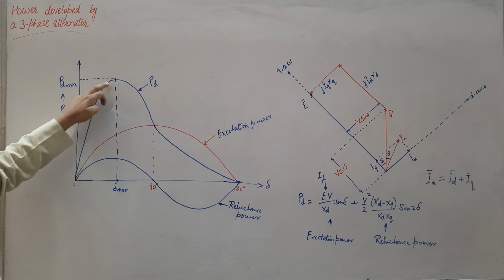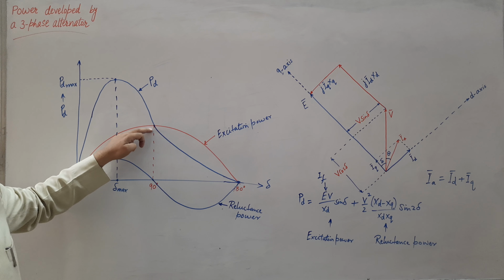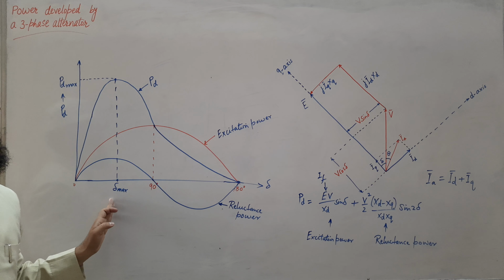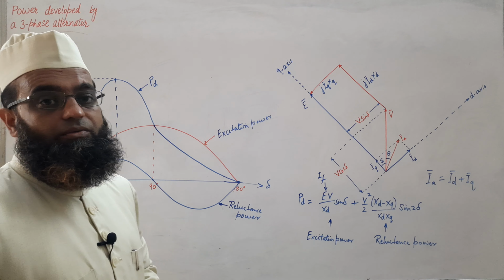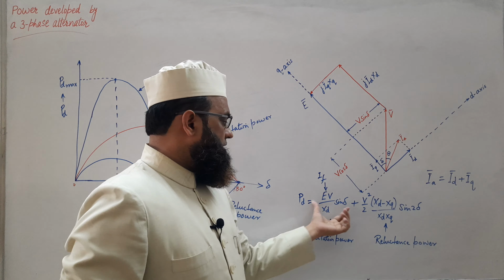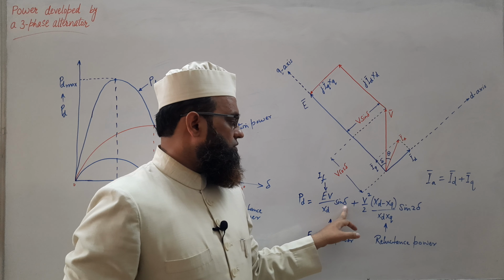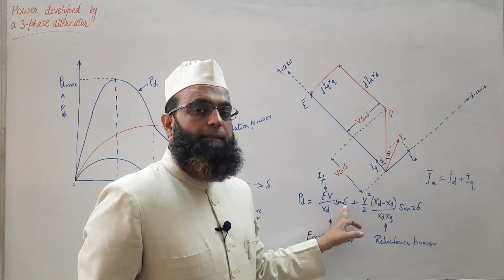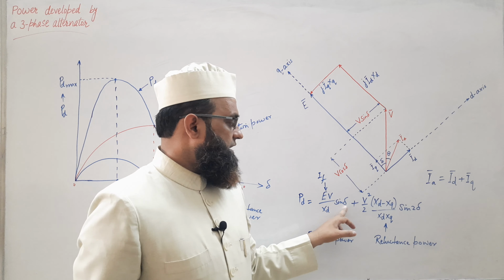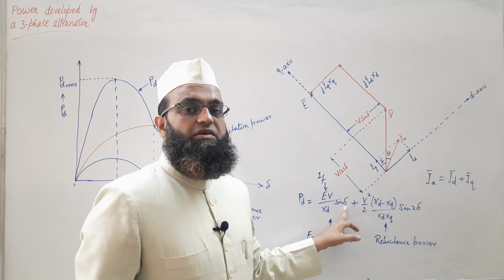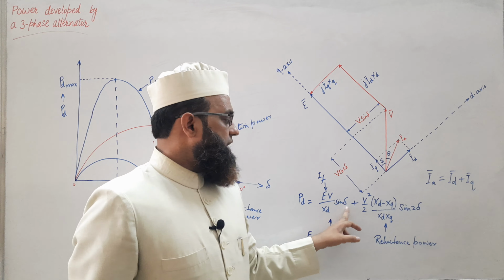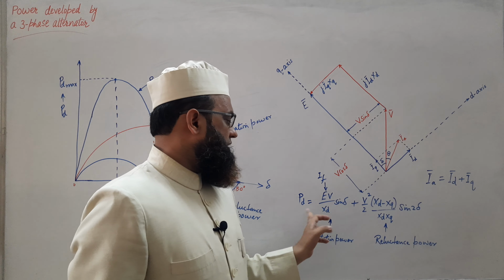See here, this PD max is higher than this, and the good thing is that it occurs at lesser delta, which is desirable. In order to get a higher value of this component, we need to increase delta, and the maximum possible value of sin delta is 1, which is obtained at 90 degrees, but due to a stability reason we are never going to set our delta at 90 degrees, so we are never able to get maximum developed power.